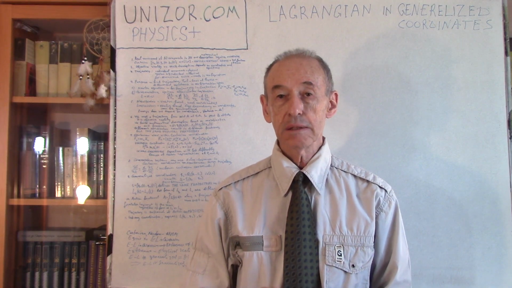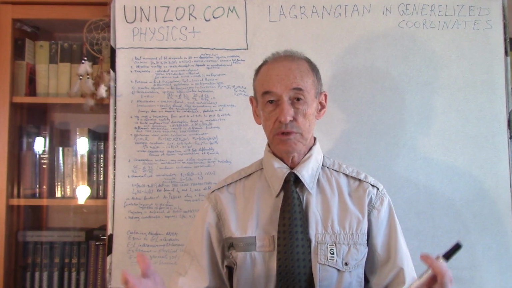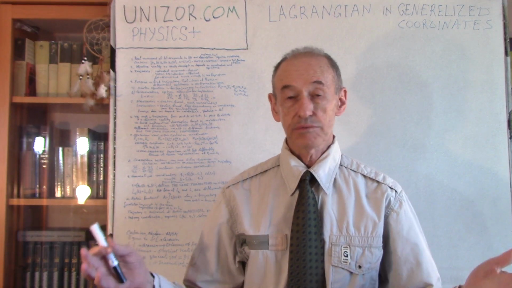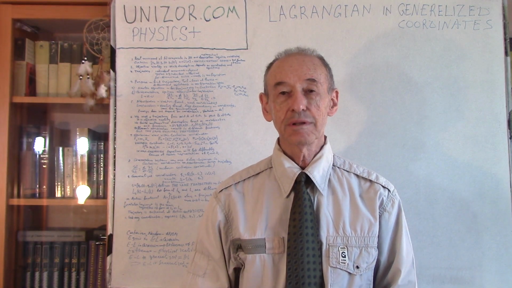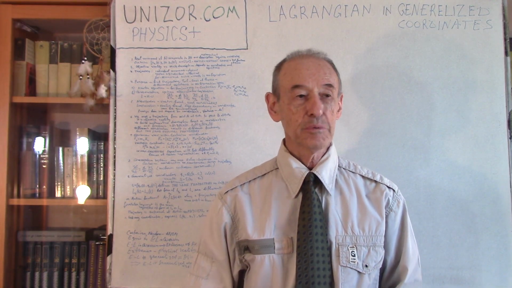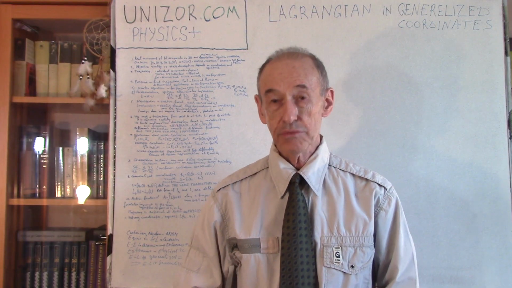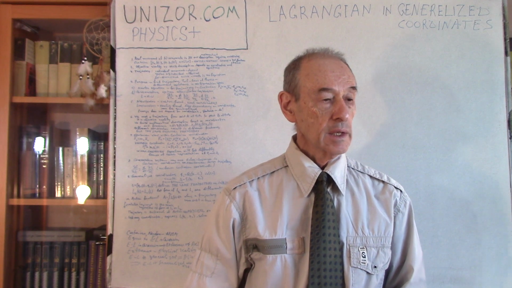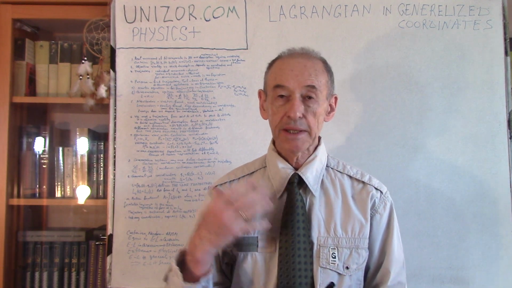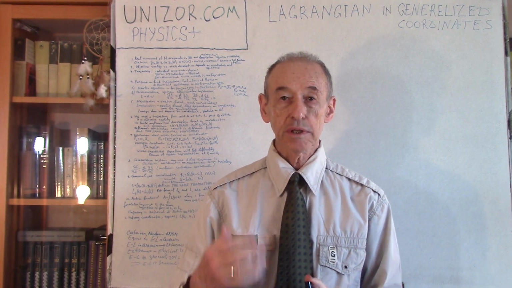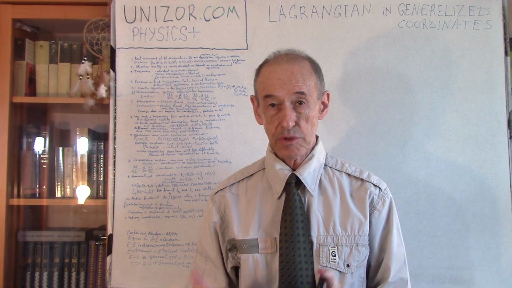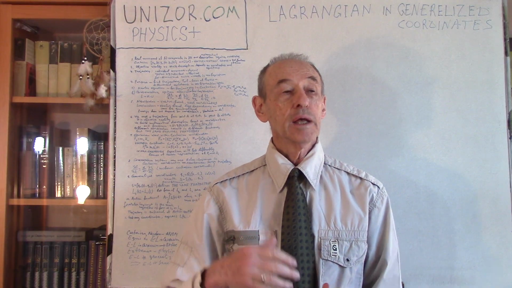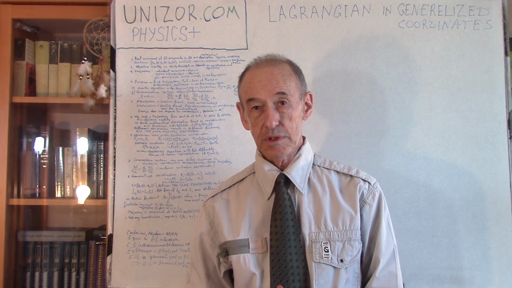In the case of a plane it's two numbers, in the case of three-dimensional space it's three numbers, and in the case of n-dimensional space it's n numbers. So we're talking about systems with n degrees of freedom, and that's where the n numbers come from. This lecture is about the applicability of the Lagrangian and Euler-Lagrange equation, which you are already familiar with from the Cartesian system, to generalized coordinates.